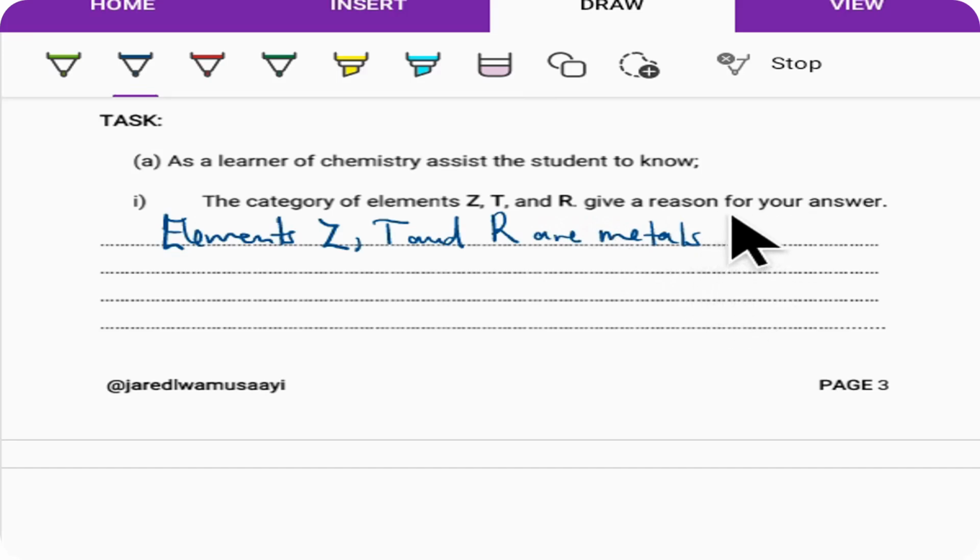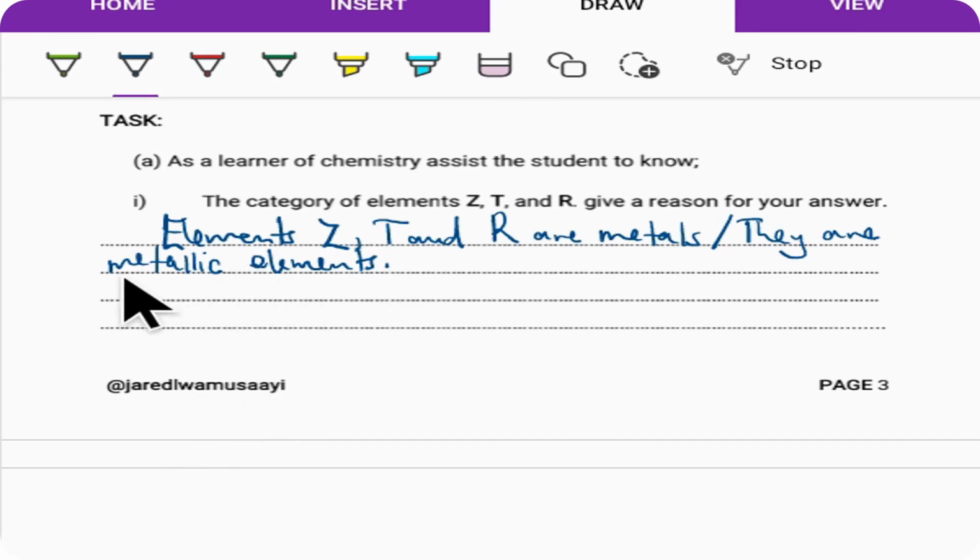Or somebody can say they are metallic elements.